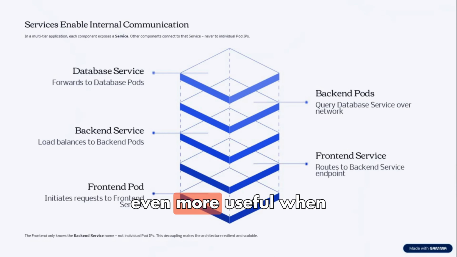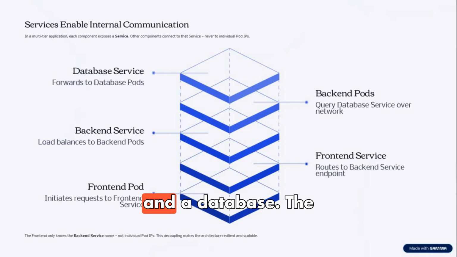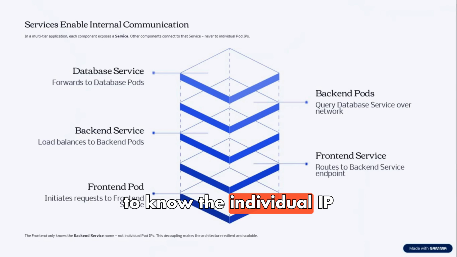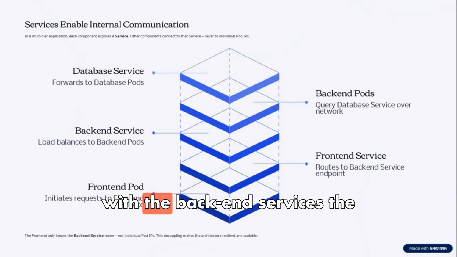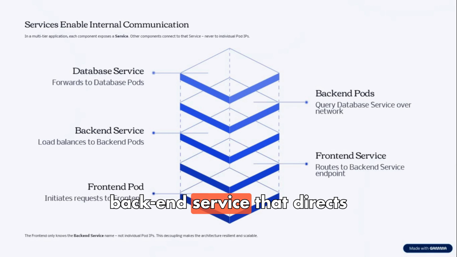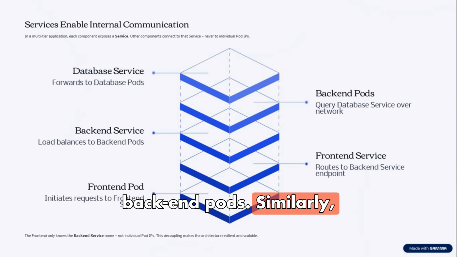Services become even more useful when we have a multi-tier application. For example, imagine an application with a front end, a back-end API, and a database. The front end does not need to know the individual IP addresses of the back-end pods. Instead, it communicates with the back-end service. The back-end service directs the request to one of the available back-end pods.